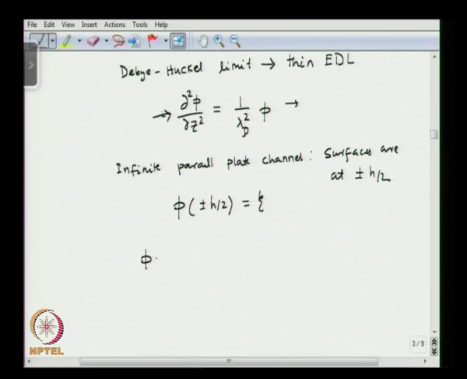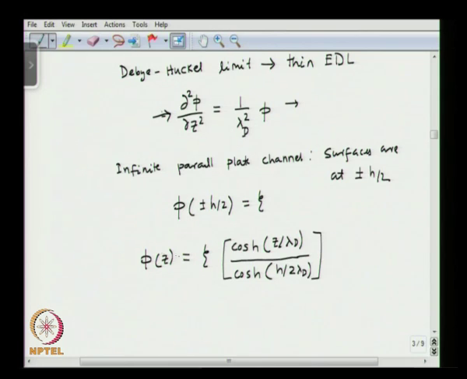We get an expression phi as a function of z, which is zeta into cosh of z over lambda d, divided by cosh of h by 2 lambda d. This is what we had seen earlier. So, this is the expression for the potential within the Debye layer.